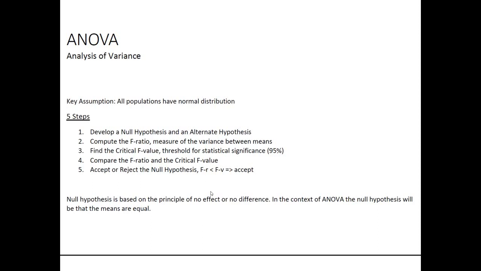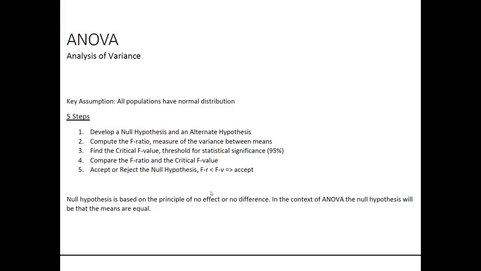In step 2, we will compute the F ratio, which is a measure of variance between means of different trials. This is very similar to the t-score that we used in the previous 2 classes with the 1 sample t-test and 2 sample t-test.